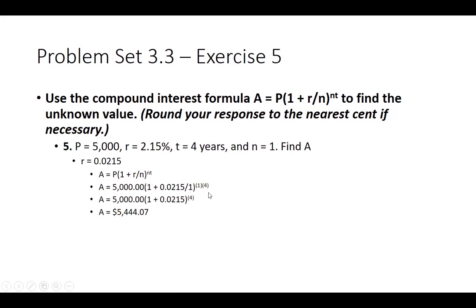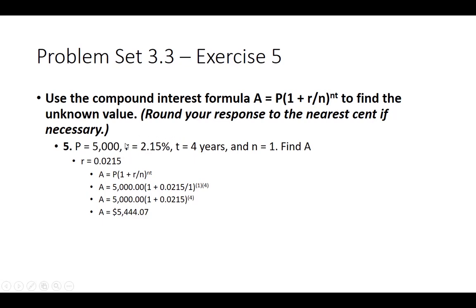Number 5, same thing. This is just practice in cranking out these formulas. P is 5,000. R is 2.15%. T is 4 years. And N is 1. First step.